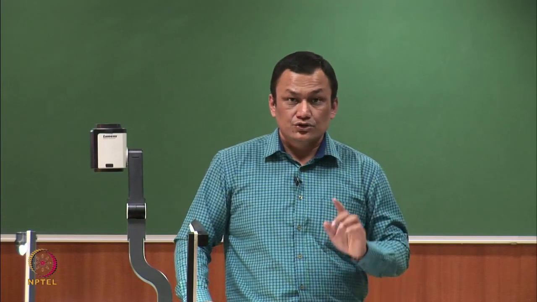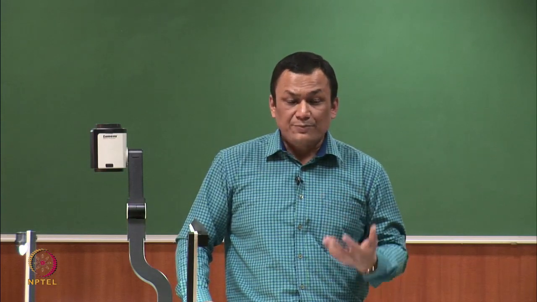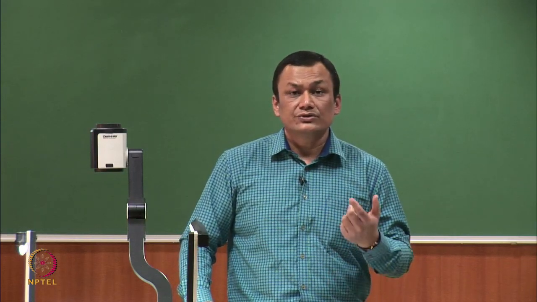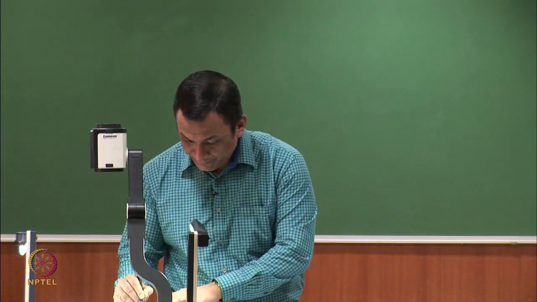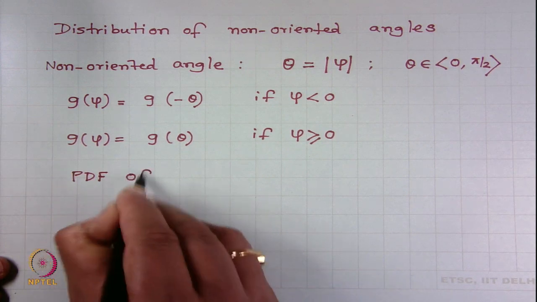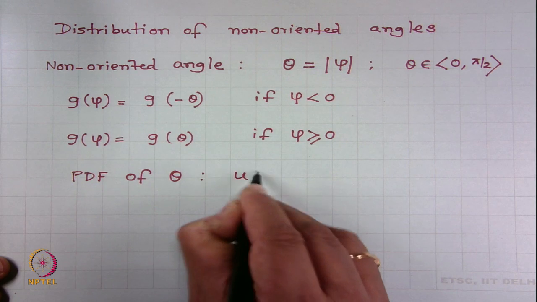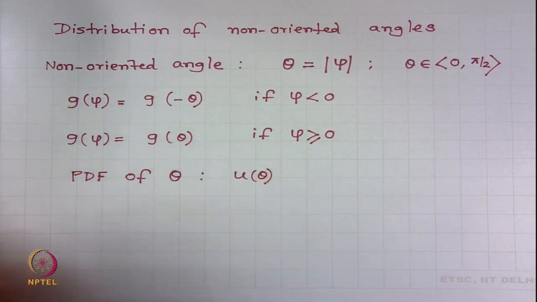So, we will have another probability density function that is related to theta. So, PDF of theta, we use u theta, right. So, how to obtain now this u theta?